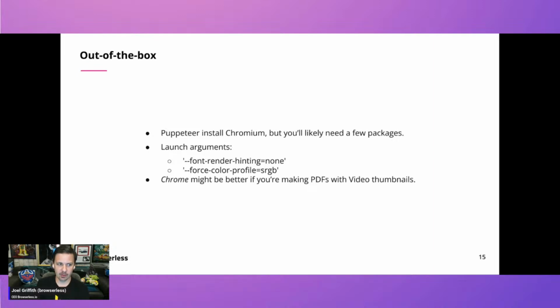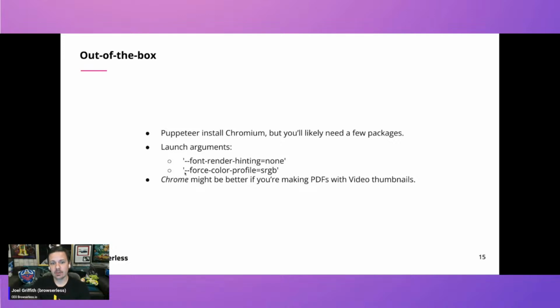Launch arguments. When you do Puppeteer launch, you can provide it with extra CLI flags. For this instance, I'm going to set font render hinting to none. This is a special CLI flag to help with rendering fonts more nicely, to put it nicely.